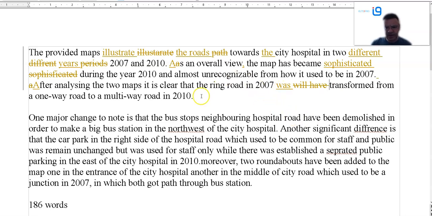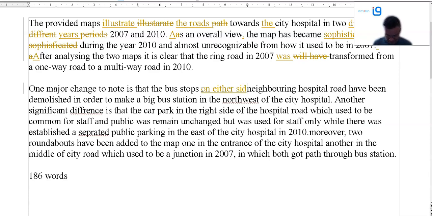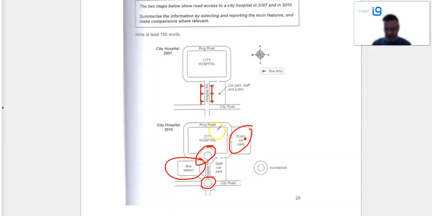So, one major change to note is that the bus stops neighbouring, well, it's not, on either side of Hospital Road have been demolished to make a big bus station in the northwest. Is it in the northwest?